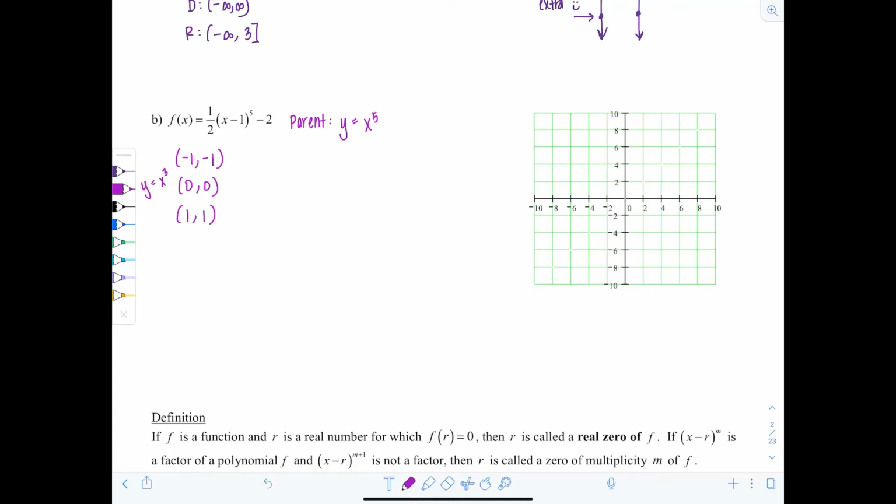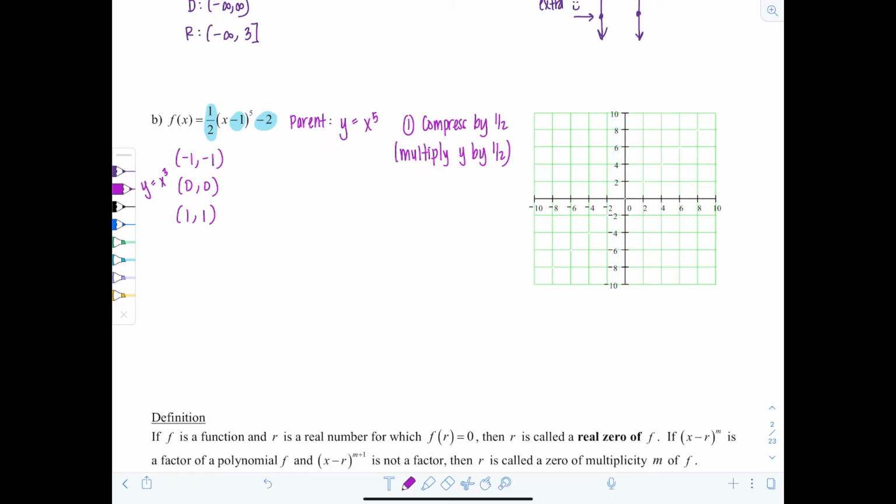Okay, so what transformations do we see going on? I see 1, 2, 3 transformations. First one is we're going to compress by 1/2. So I'm going to multiply y by 1/2.